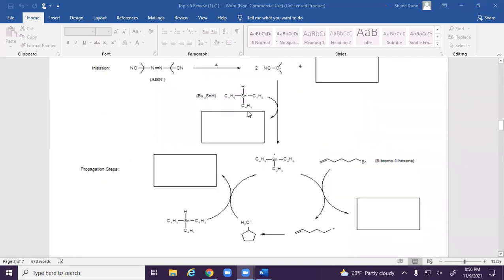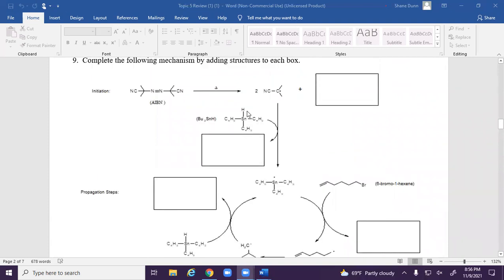Hey, this guy looks like fun, doesn't he? Okay. So Grubbs is nice when he first goes over mechanisms. He gives you the answer most of the time. So if you look right here, you have this guy right here. He's reacting with himself with light to make that product, that molecule.